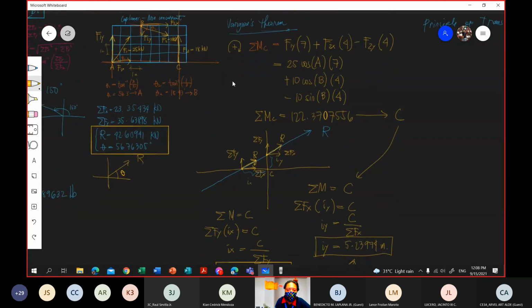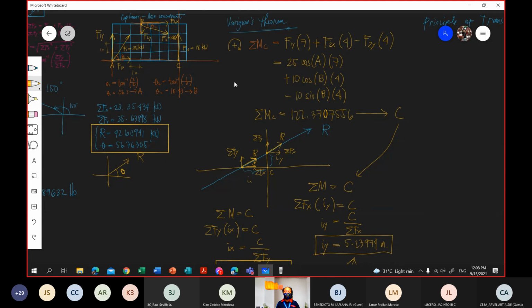Okay, any other question? We have the types of force systems: coplanar concurrent, coplanar non-concurrent, and non-coplanar, sometimes called forces in space.